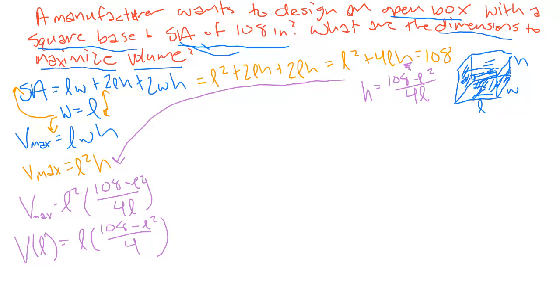So we can distribute this L right here and see what we get. We get 108L over 4 minus L cubed over 4.